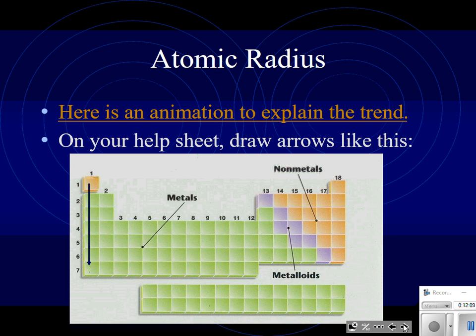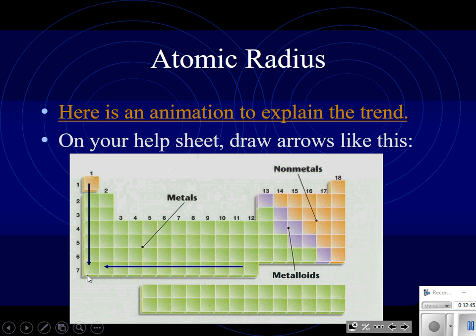As they go across the period, they are decreasing. So what should be the element that has the greatest atomic radii? Francium, because it is right down here. At times, if I'm thinking of atomic radii, I think of francium. Because I know that it's the biggest, I can figure out where my arrows should go.